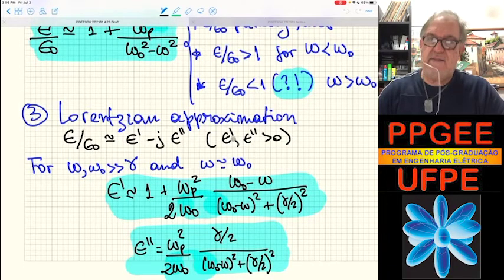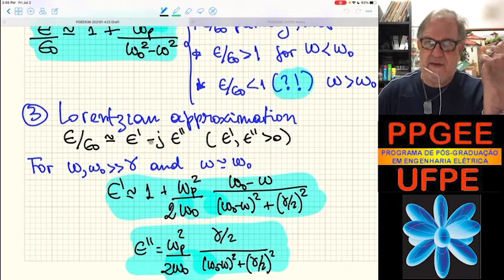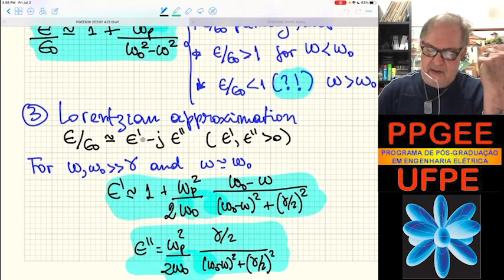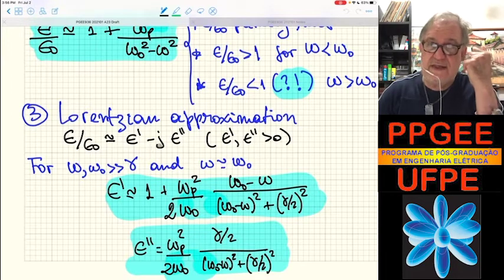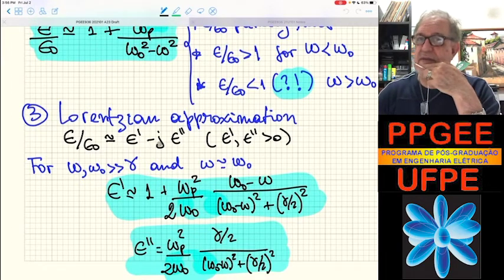So both numbers are positive for a passive medium, right? That's what we are talking about, passive media. So I'm putting a sign here just to remember that for a passive medium, this always has this form in which epsilon double prime is positive. So the imaginary part has to be negative. We are going to show why in a second, okay?